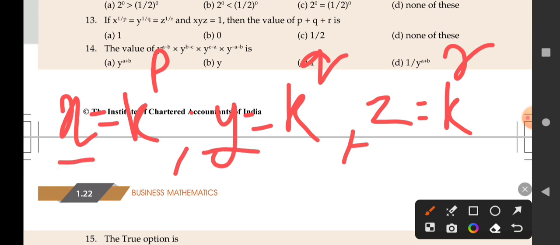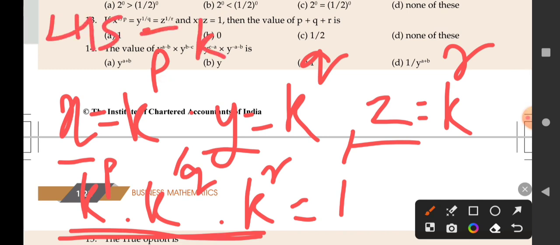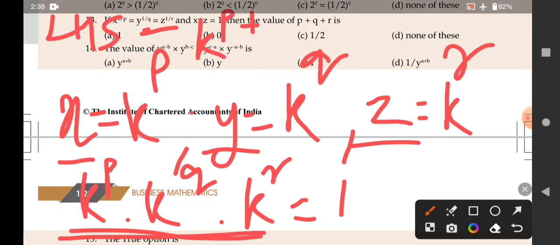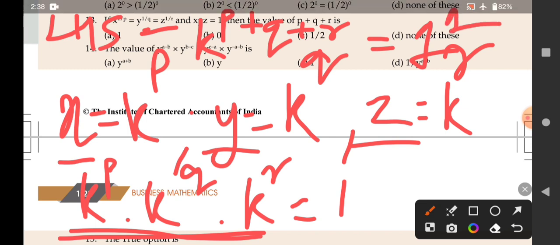And multiplying all these, you get equal to 1. So you multiply k power p into k power q into k power r is equal to 1. So what do you get on the left hand side? LHS is equal to k power p plus q plus r, which is equal to 1 on the RHS. 1 means 1 power 1.